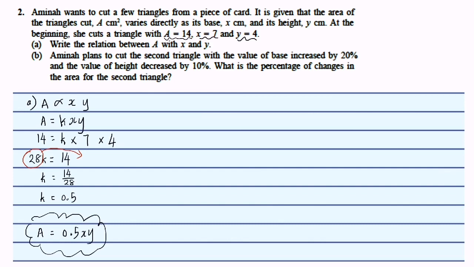Okay, now B. Amina plans to cut the second triangle with the value of base increased by 20% and the value of height decreased by 10%. What is the percentage of changes in area for the second triangle?